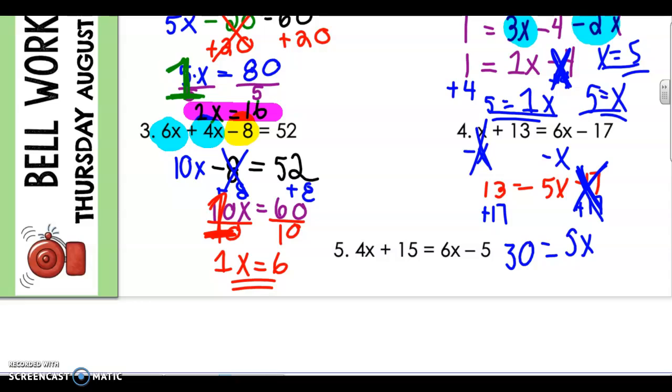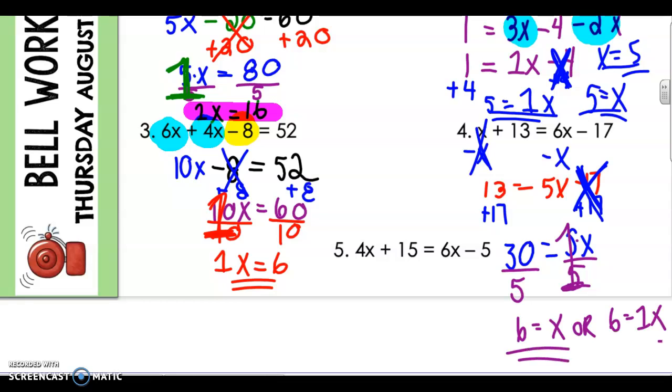We can cross them off. So now we have 30 equals 5x. This is 5 times x, so the opposite of multiplying by 5 is dividing. So giant 1, we get 6 equals x, or you can write 6 equals 1x. Both are equivalent. They're the same.